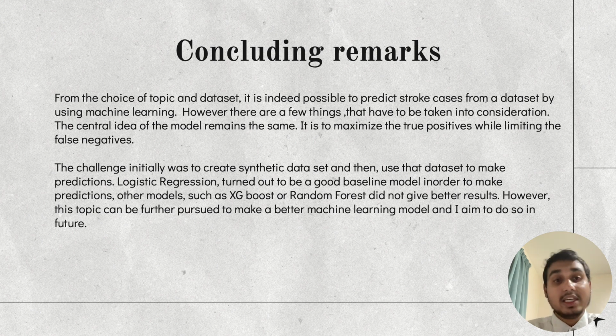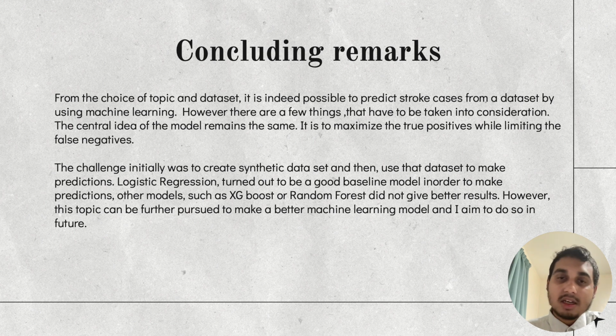However, I do intend to pursue this topic in the future, maybe in my final year project, to do further research so that we can increase the accuracy of the model as well as decrease the number of false positives.